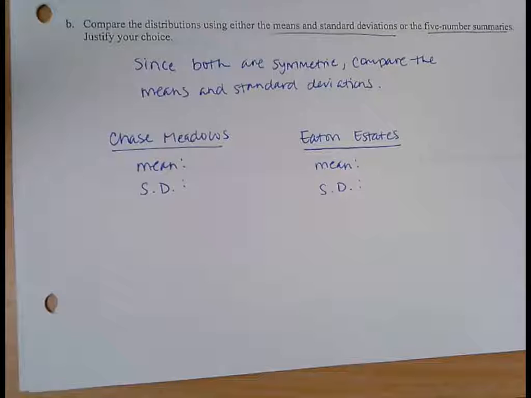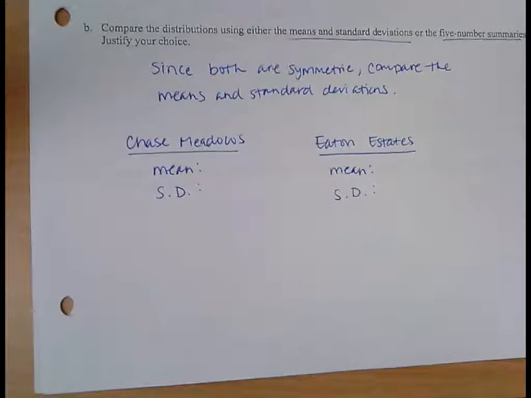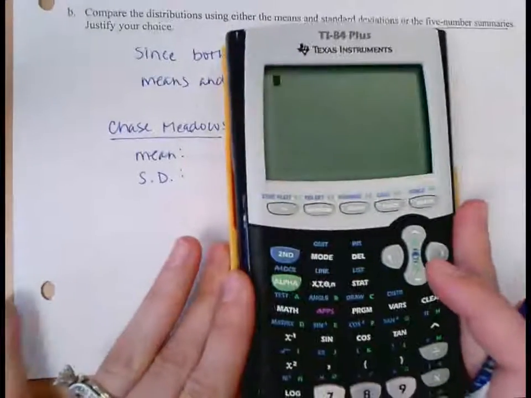I will say there's probably 2 different ways you could do this, and I'll explain why. So in order to get these values, you want to take a look up here.